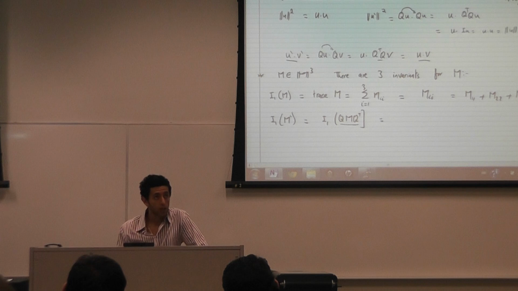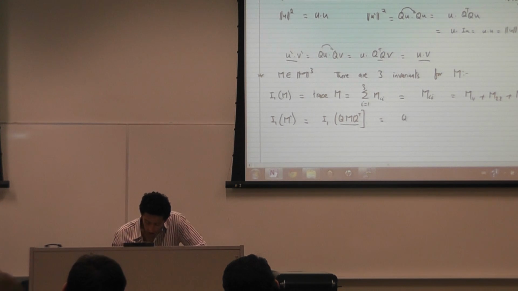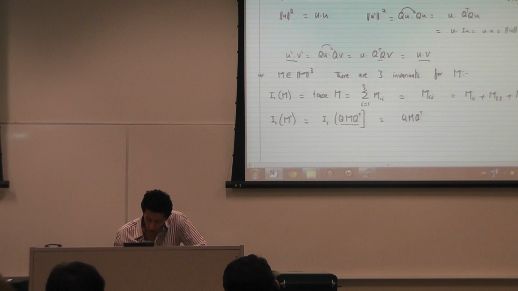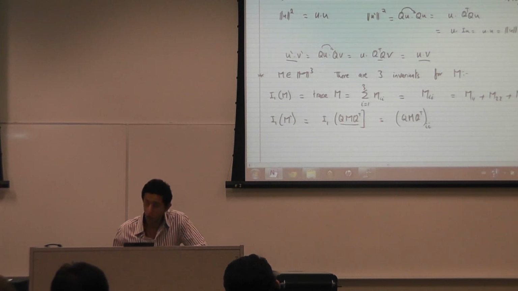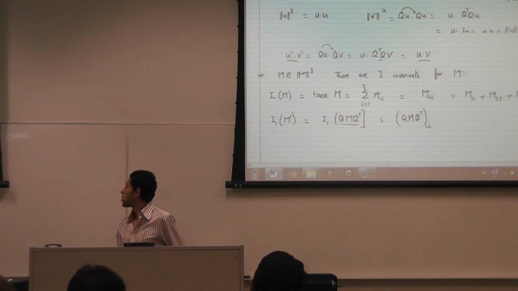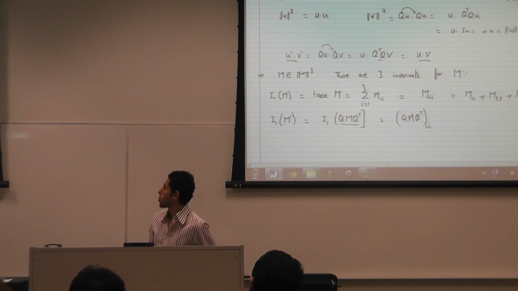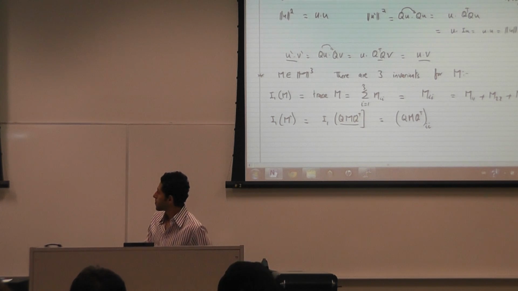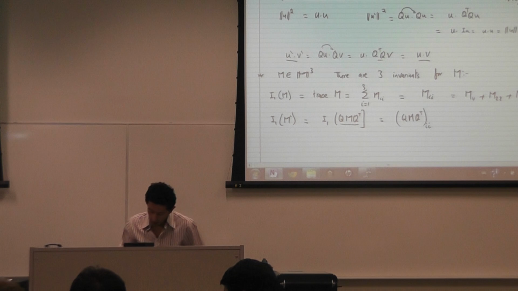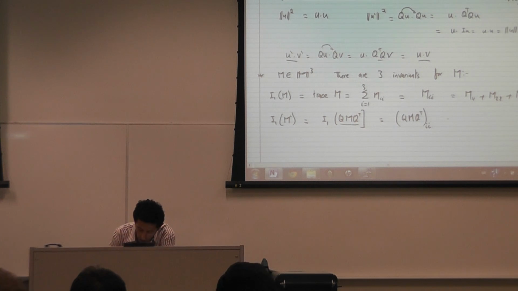This huge matrix is made out of the multiplication of three matrices. So this is Q M Q transpose, a huge matrix. I took the component for the summation, summed over i, which is equal to the following: Q M Q transpose.